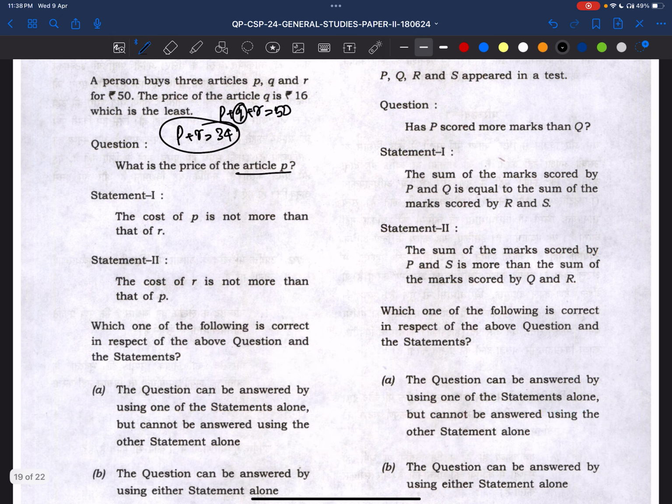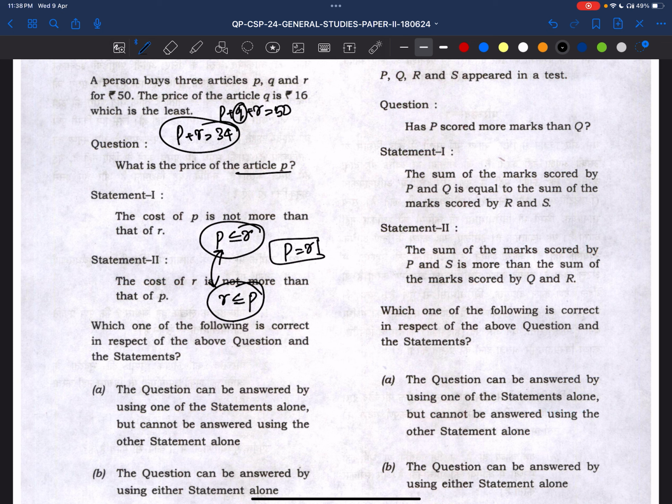Now let's go to the statements. Statement 1: cost of P is not more than R. That means P should be less than or equal to R. Statement 2: cost of R is not more than cost of P. That means R should also be less than or equal to P. From these two statements, commonly we are getting P is equal to R. What will be the value of P?